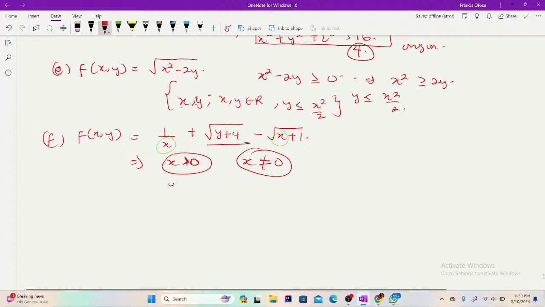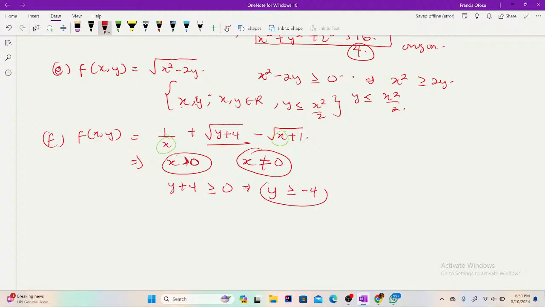You know that y plus 4 should be greater than or equal to 0. Is that not it? Y plus 4 should be greater than or equal to 0. So I can say that my y should be greater than or equal to negative 4 at all times, right? So this is a condition. So we have got two conditions, separate conditions. Now let's consider our last part, right?